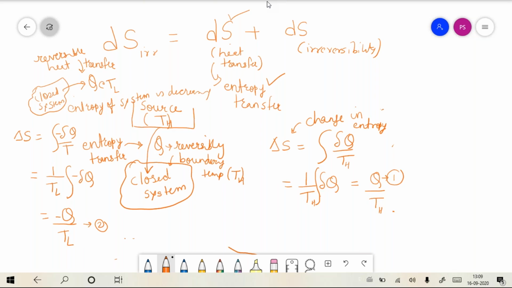The other important thing you need to understand is that the entropy change of the irreversible process would also be because of the irreversibility. So what are the irreversibilities we had discussed? One could be the irreversible heat transfer, other could be friction, etc. Whatever the irreversibilities are, these irreversibilities are going to increase the entropy.